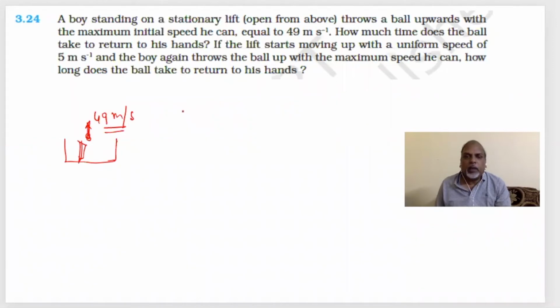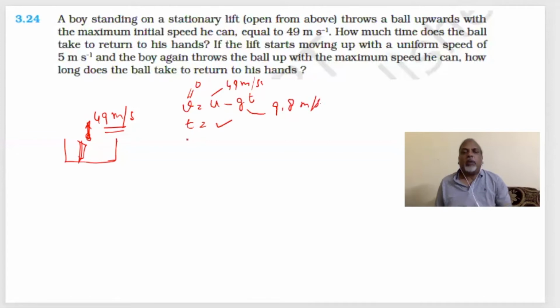So this will be nothing but v is equal to u minus gt, or t will be equal to, here v will be 0, u is 49 meter per second, and g is nothing but 9.8 meter per second square. So you can find out t. So how much time will it take to return to his hand?